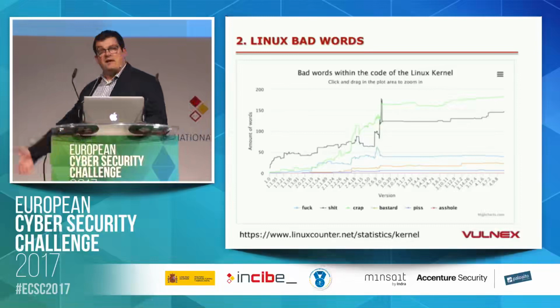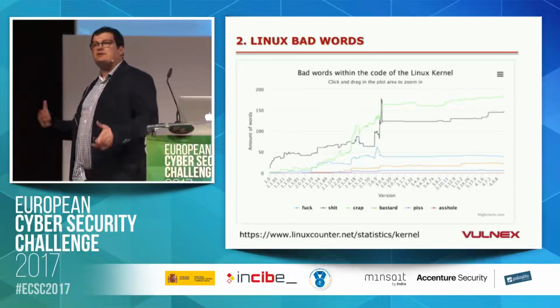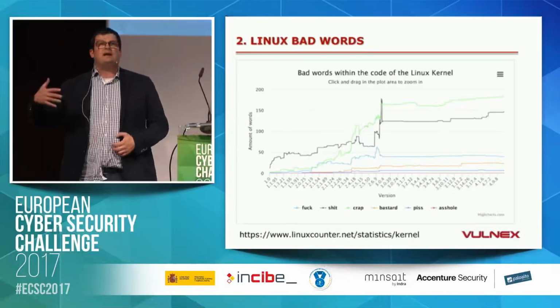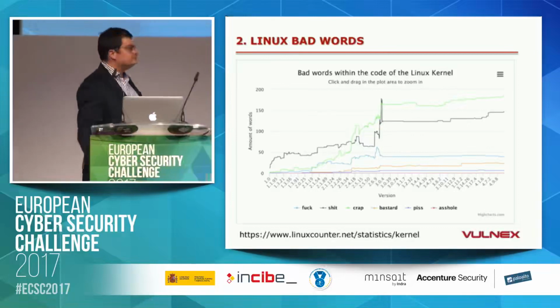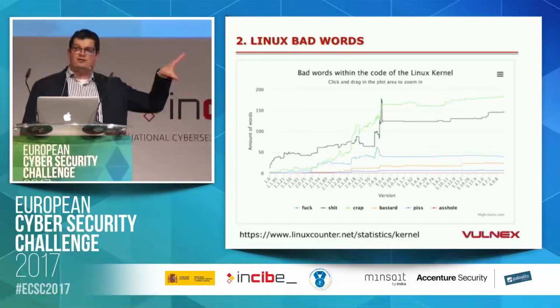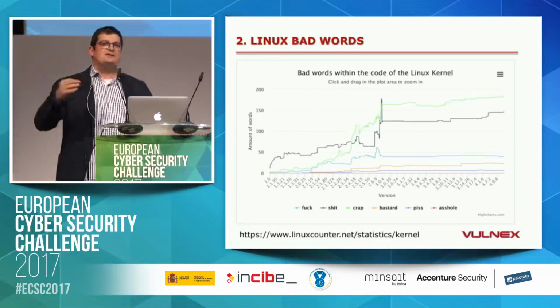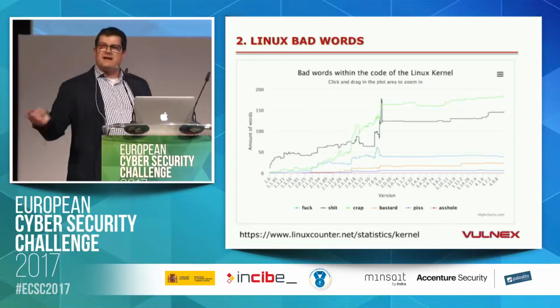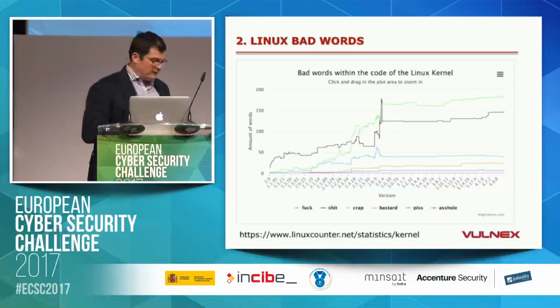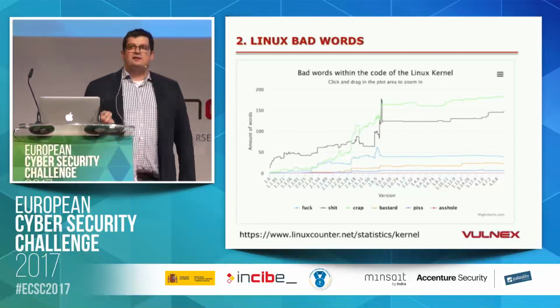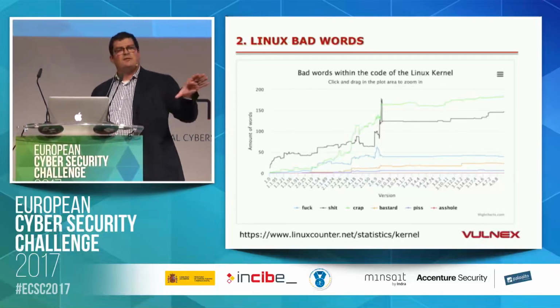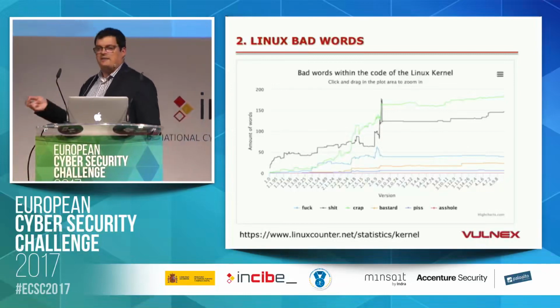I don't know why. I guess there were a lot of changes in the Linux kernel, so they were complaining a lot. But that's real. If you go to the kernels, you can find this kind of words there. So it's quite interesting to see what's going on, what the developers are saying about the code. If we are doing code reviews, that's also good for us. We can look for this kind of words, and chances are we can find a bug there.